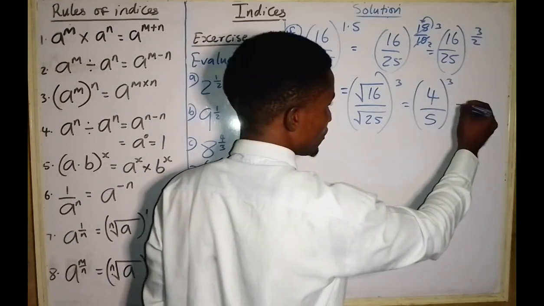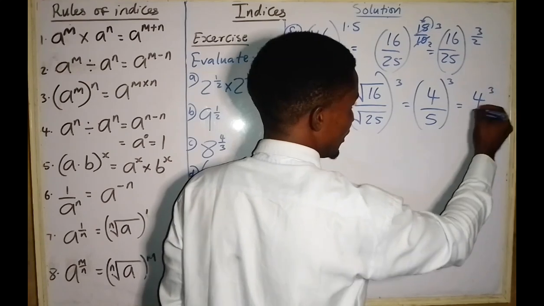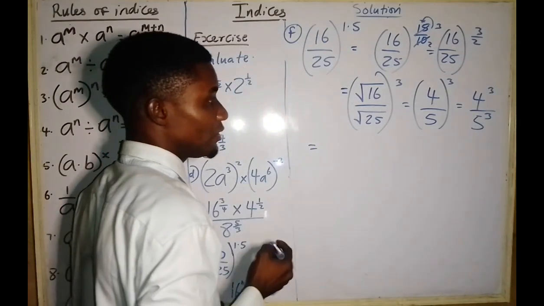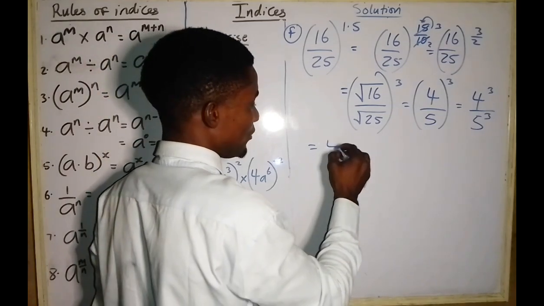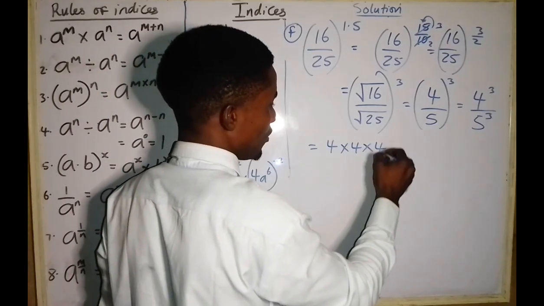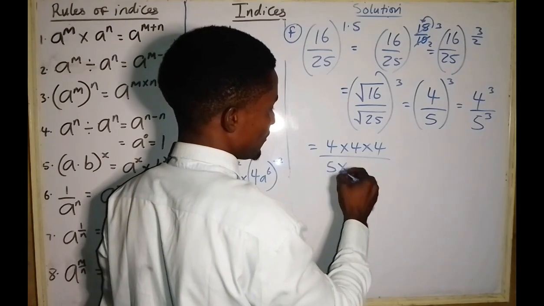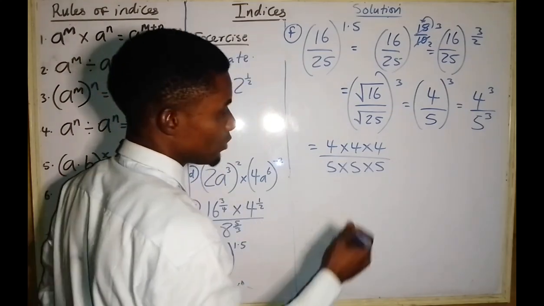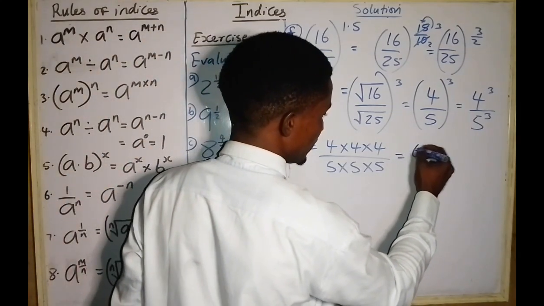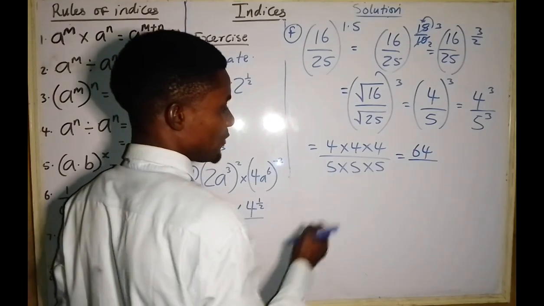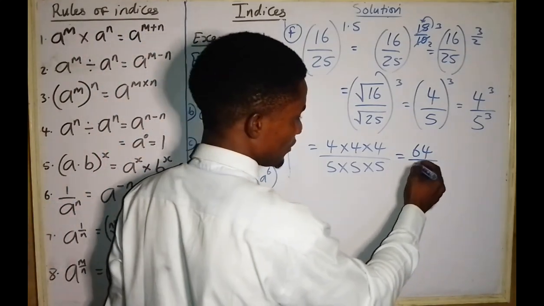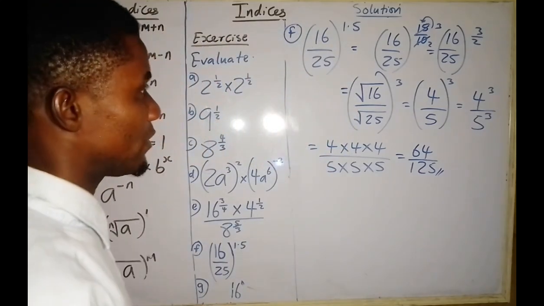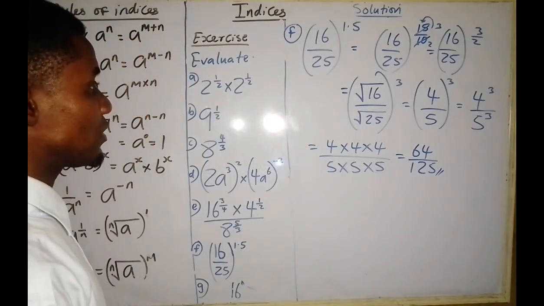We are still going to distribute this 3 here. So we have 4 raised to the power of 3 over 5 raised to the power of 3. Expressing this in expansion form is going to be 4 times 4 times 4 over 5 times 5 times 5. So 4 times 4 is 16, and 16 times 4 is going to give us 64, over 5 times 5 is 25, and 25 times 5 is going to give us 125. So this is going to be our final answer for this sixth question.